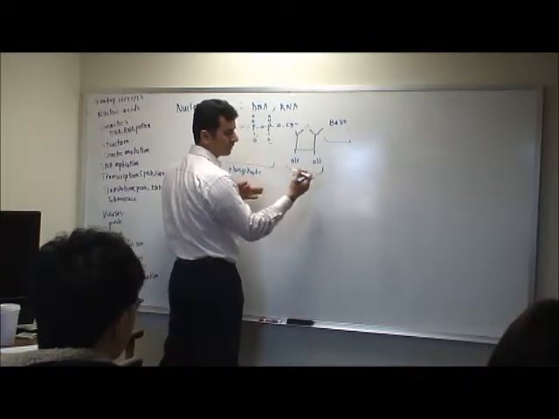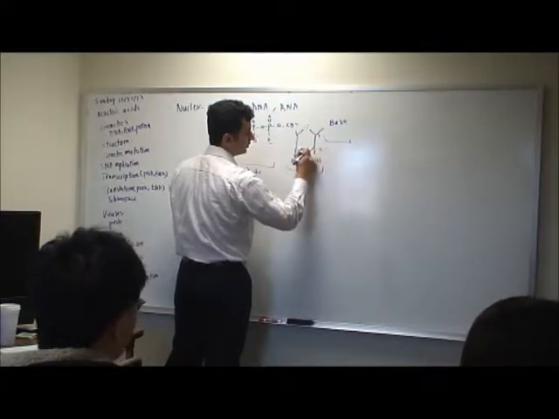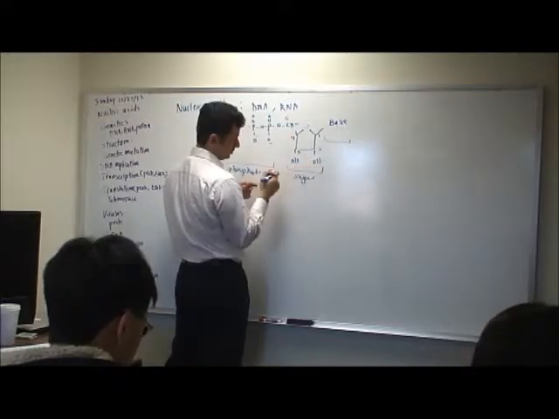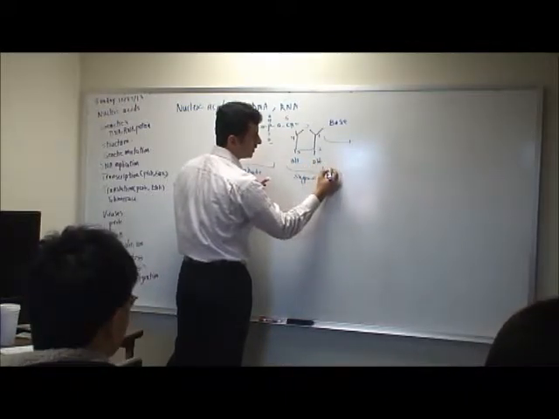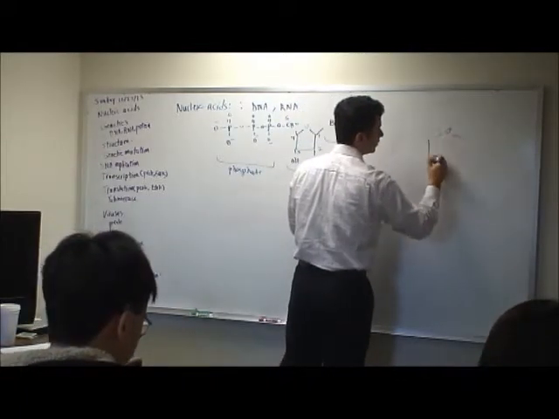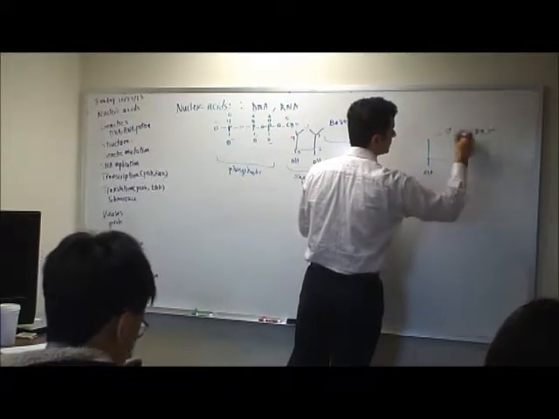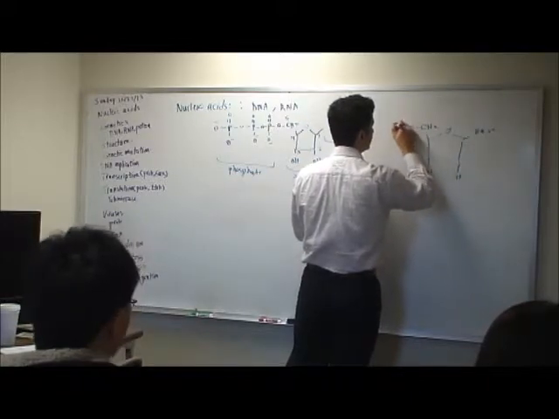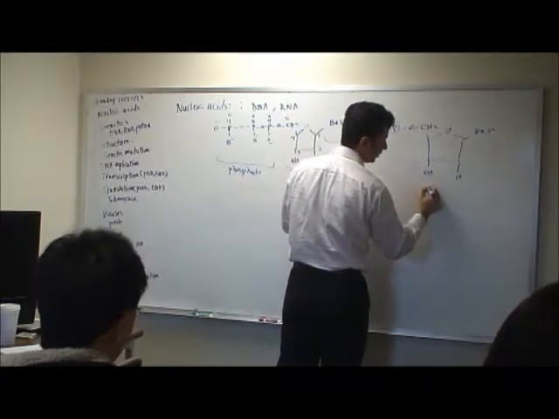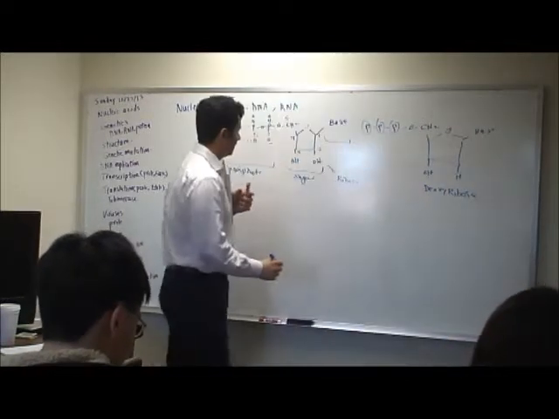You don't need to know details, but I need to point some stuff out. These are carbon number 1, 2, 3, 4, 5. There are 5 carbons in it, and on carbon number 2 you have OH. If you have an OH, this is called ribose. If I draw this without the OH, just hydrogen, with everything else the same, base, CH2O phosphate, this is called deoxyribose.